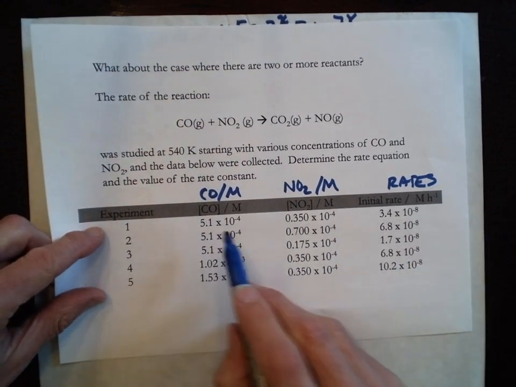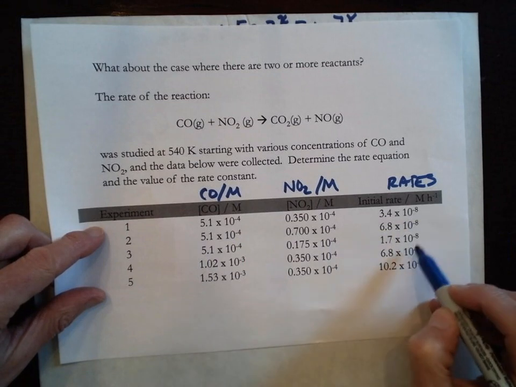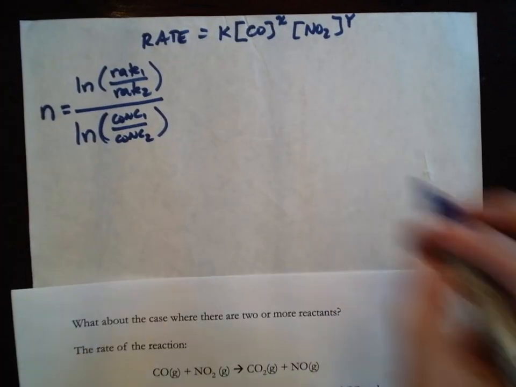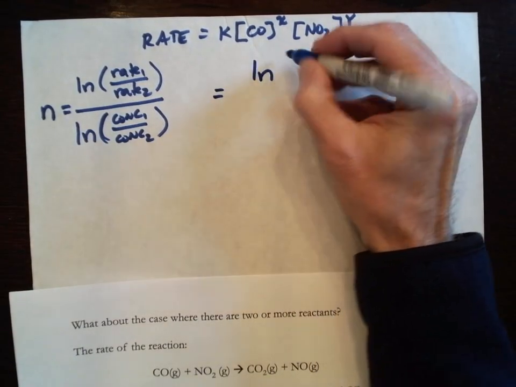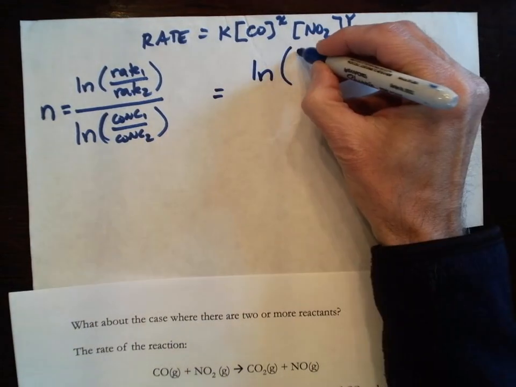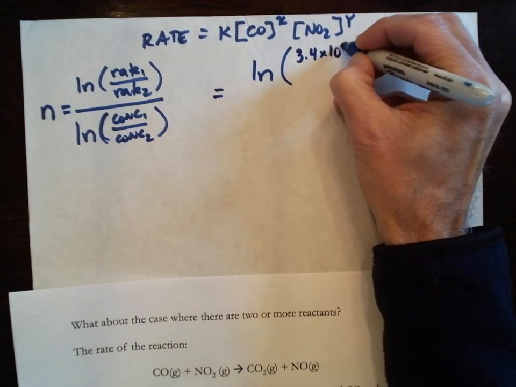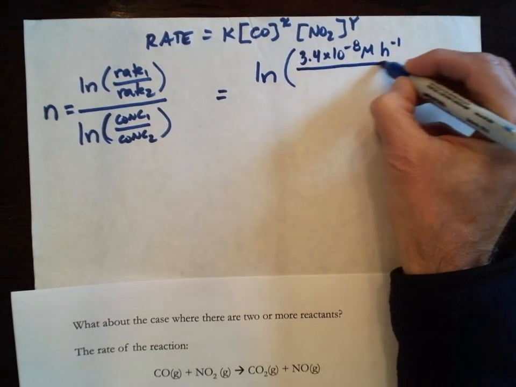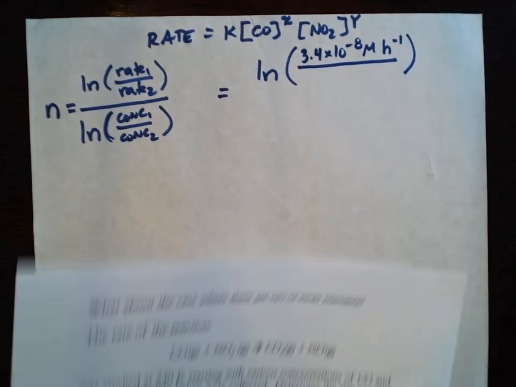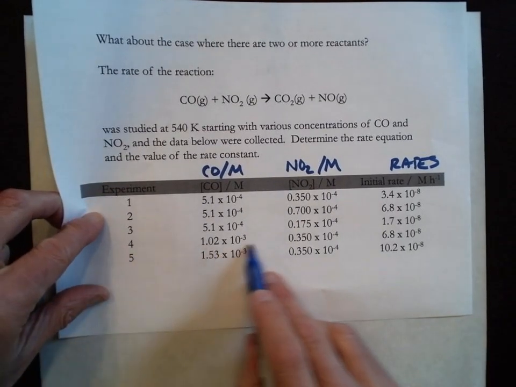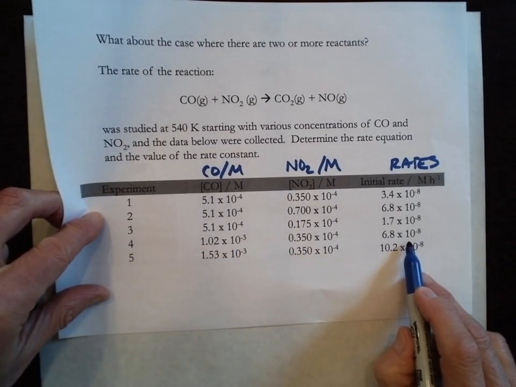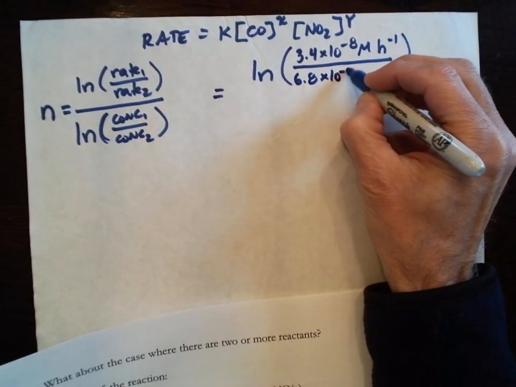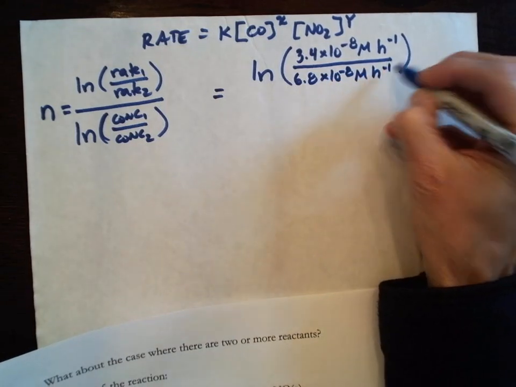So let's see. We're going to do rate 1 and rate 4. So that's going to be 3.4 times 10 to the negative 8 molar per hour. That's rate 1. And we're going to divide that by the rate under condition 2, which in this case is just condition 4: 6.8 times 10 to the negative 8 molar per hour.